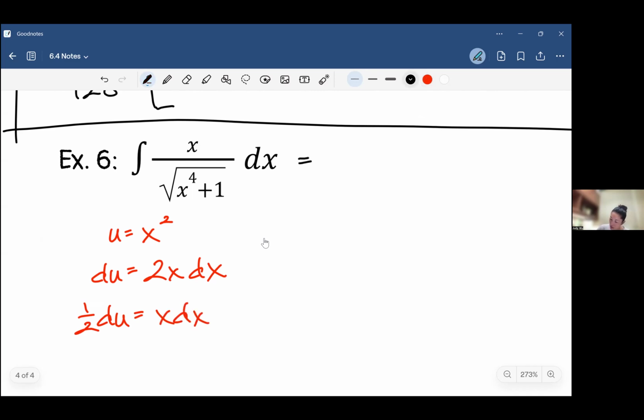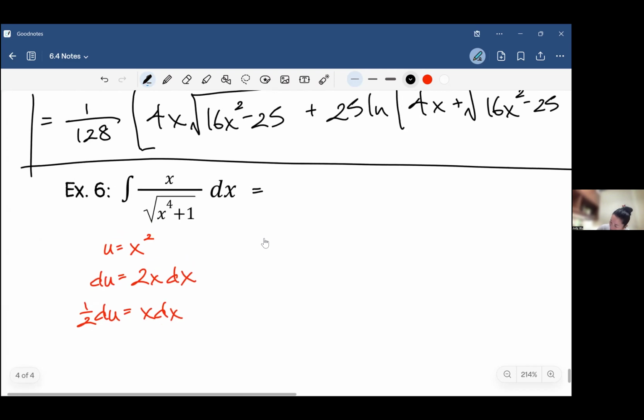Okay, so let's sub all that in. I'm going to get 1/2 the integral of 1 over square root of u squared plus, now I know this is plus 1, but I'm actually just going to write it as 1 squared.